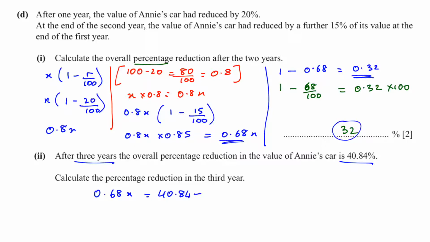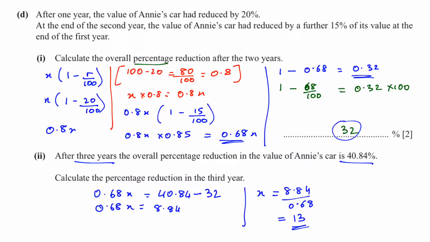So for the third year, if we want to find, we have to subtract the 32% from 40.84. That will give us 8.84. To find x, we will divide 8.84 by 0.68 and the answer is going to be 13. So this is the percentage reduction in the third year.